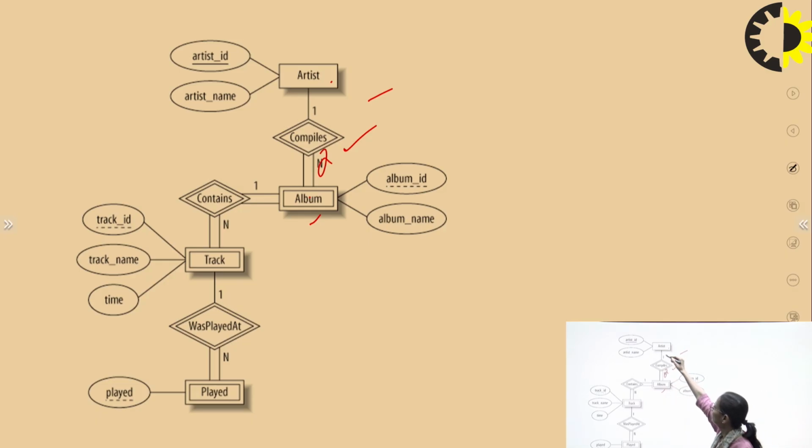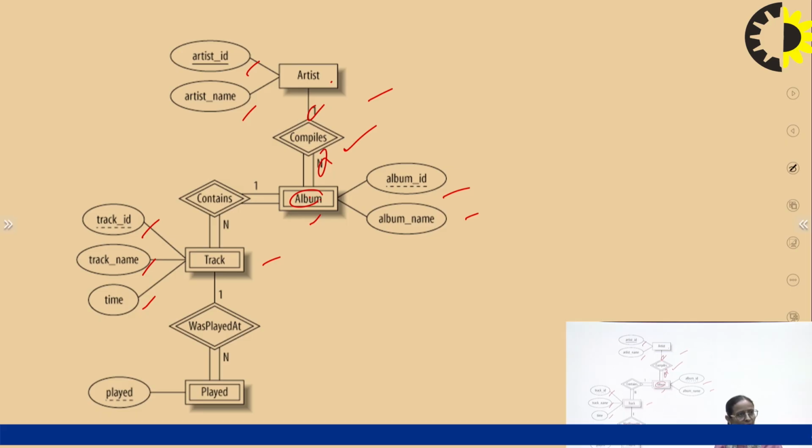So this is the cardinality over here. For artist, we have identified two attributes. Album also has two attributes. Track has three attributes: track ID, track name as well as time. So what is the relationship between album and track? Each album contains tracks and each album could have multiple tracks, but a track is only on a single album. So this is my relationship.